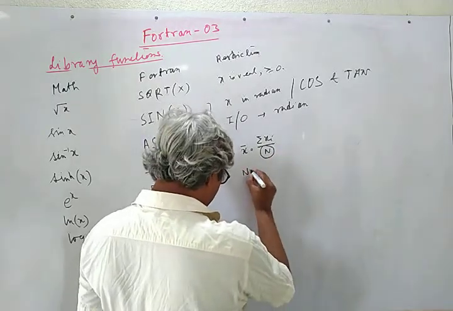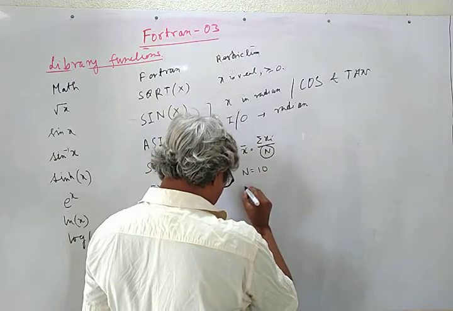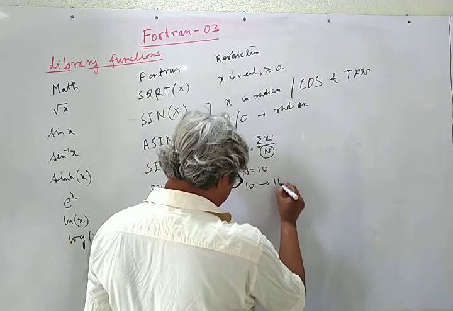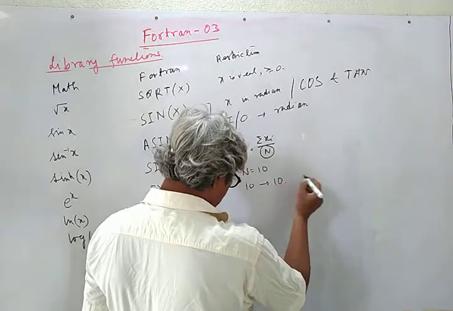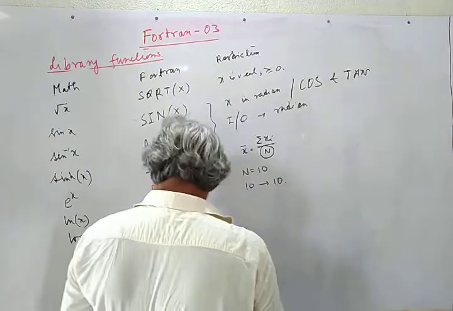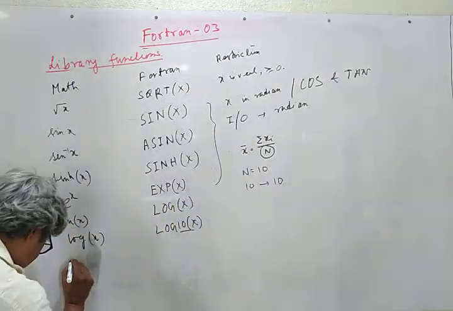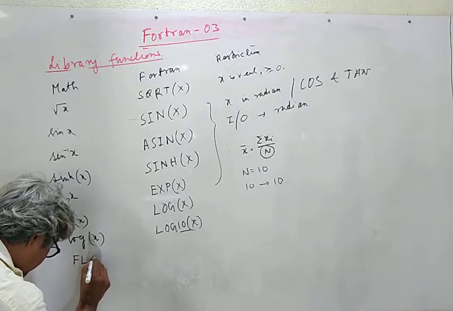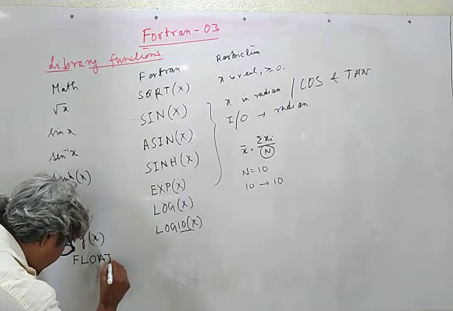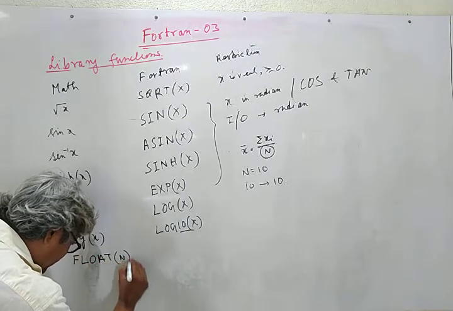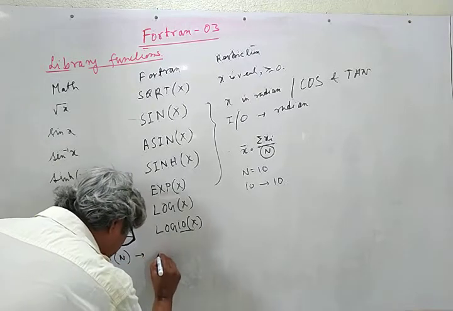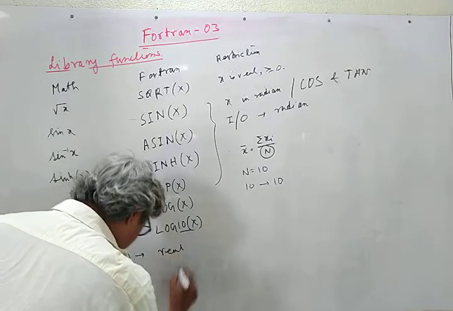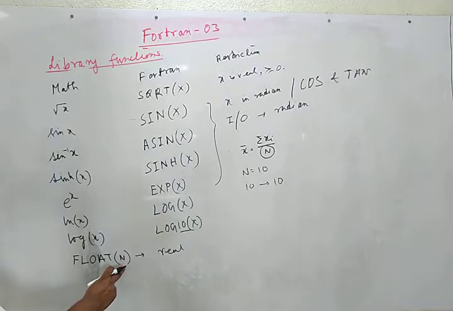Say n is equal to 10, then we need to convert 10 to 10.0. How to do this? There is a function FLOAT. FLOAT of n gives you the corresponding real number. Here the argument is an integer argument.